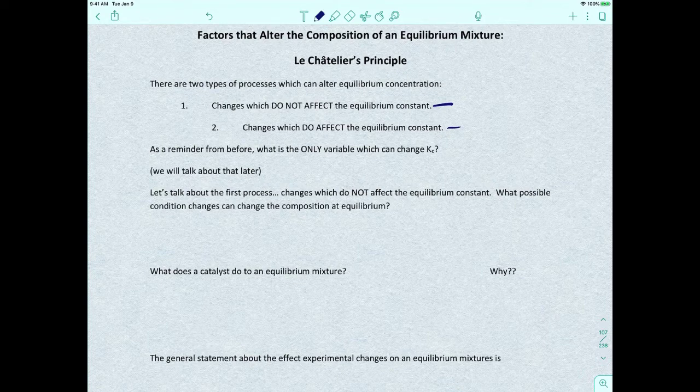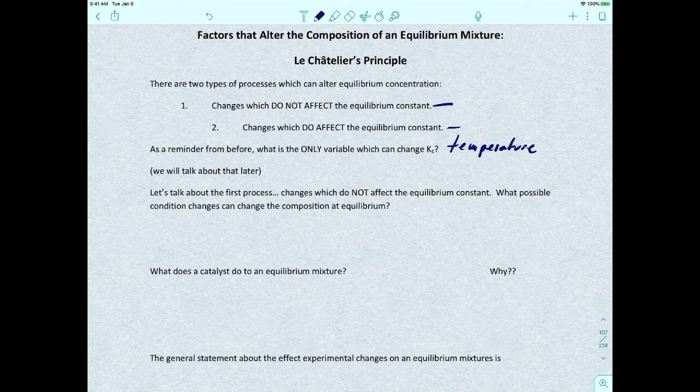As a reminder, the only variable we've talked about so far that can change the equilibrium constant is temperature, because every time we calculate an equilibrium constant, that value works at a certain temperature. If we go above or below that temperature, we need a new equilibrium value.